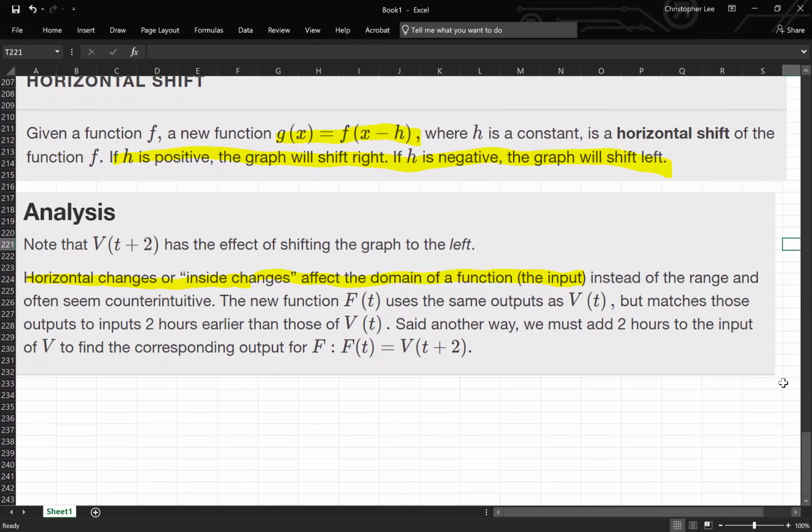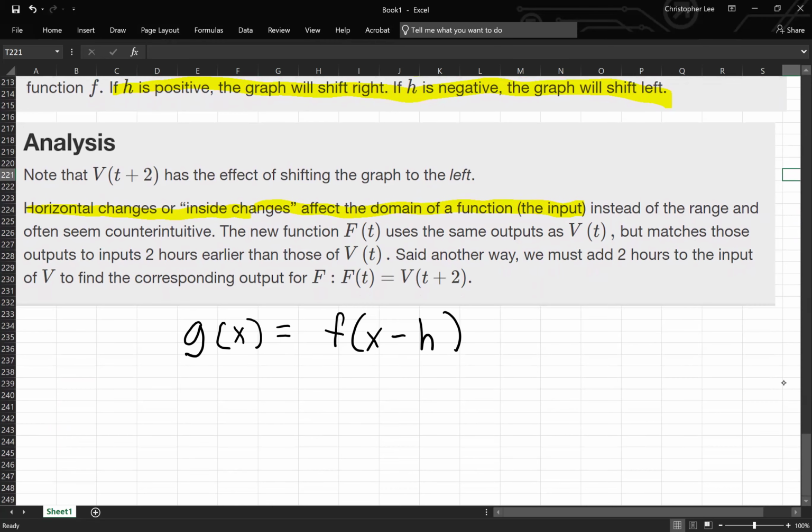But just to elaborate on what you were saying before, we have our general formula, g of x is equal to f of x minus h. Now, let's say in the case where h is less than 0, so I have a negative h.